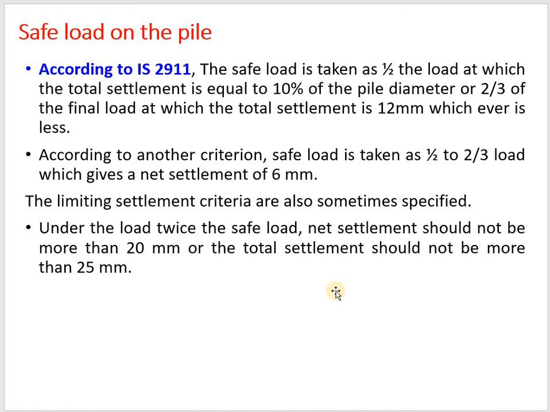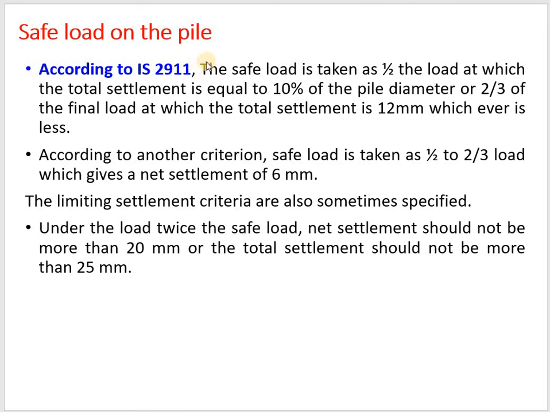The load is taken as twice the safe load, and the net settlement corresponding to that load shall not be more than 20 mm, and the total settlement also shall not be more than 25 mm. But we always follow the IS guidelines.